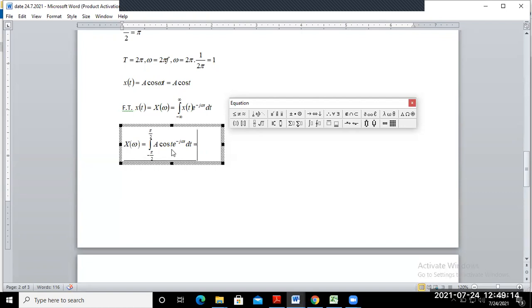So it can be represented as A times the integration from minus pi by 2 to pi by 2.